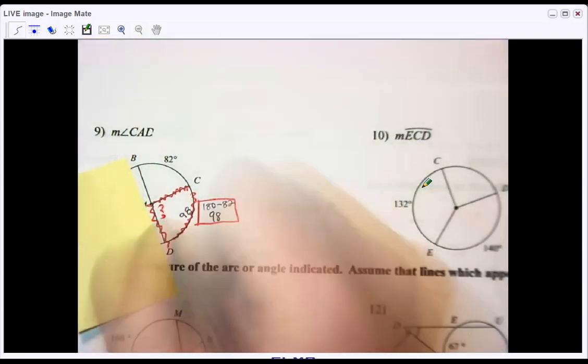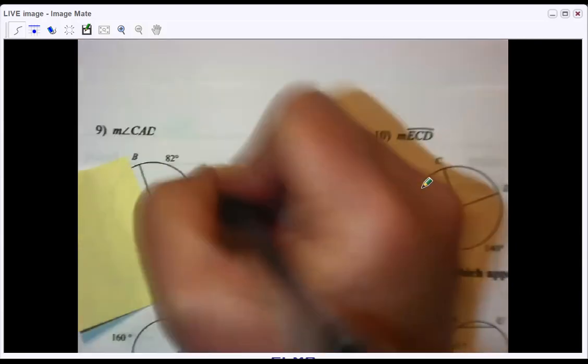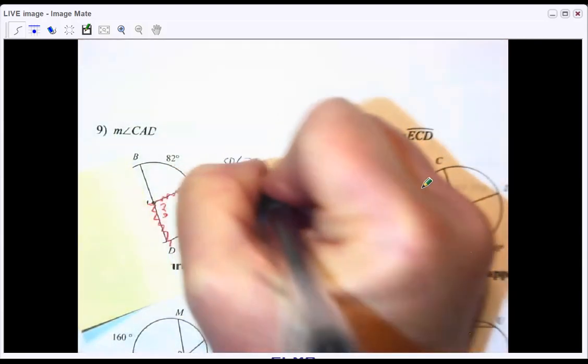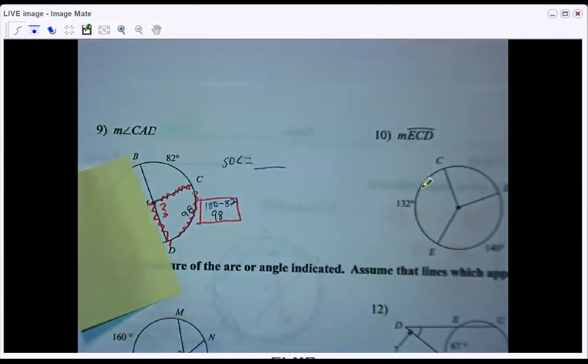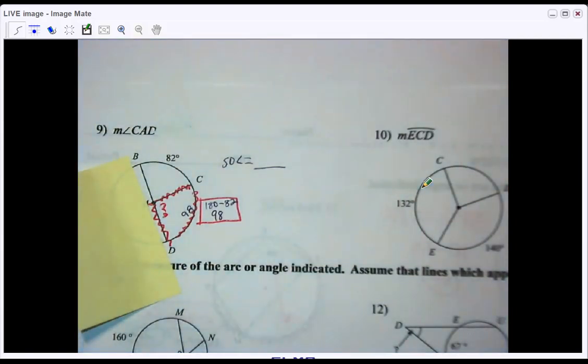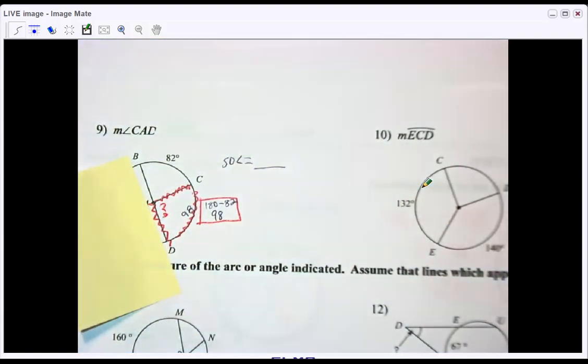What does that make the angle? So the angle equals what? Okay, nobody has it right yet.